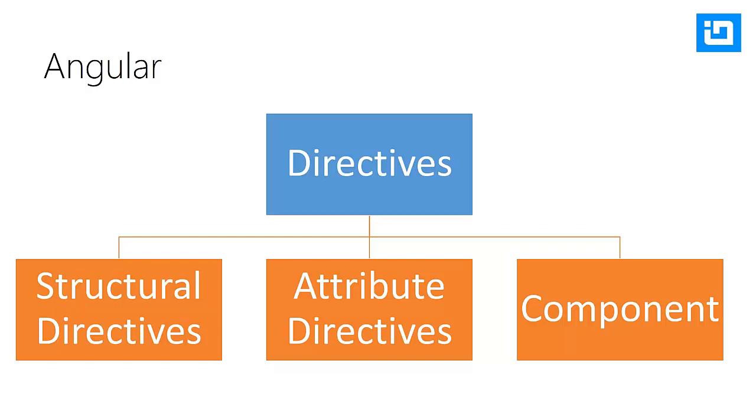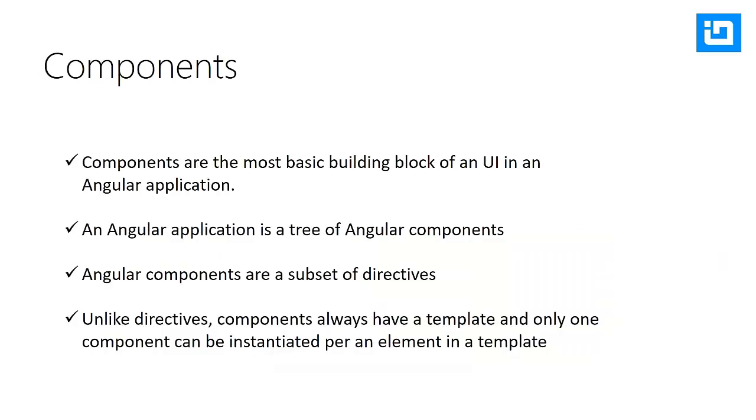And components are a kind of directive which has its own template, its own view, and your user sees that component. Okay, so components are the most basic building block of a UI in an Angular application. An Angular application is a tree of Angular components. So you'll have many components when you create an Angular application.